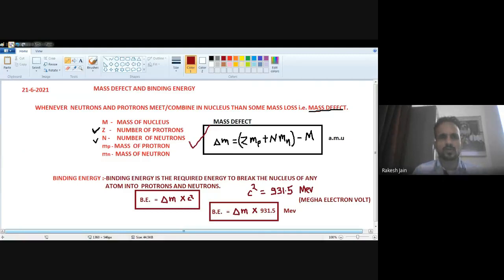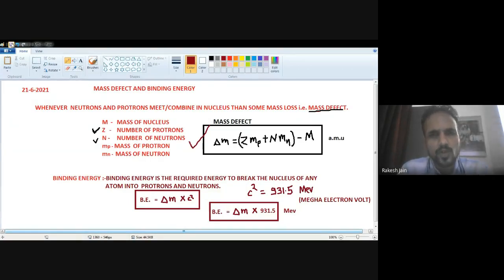Before going to solve these numericals, once again I repeat the terms related to mass defect and binding energy. These two terms are related to nuclear science. We know that any atom of the periodic table has a nucleus, and in the nucleus protons and neutrons are present.